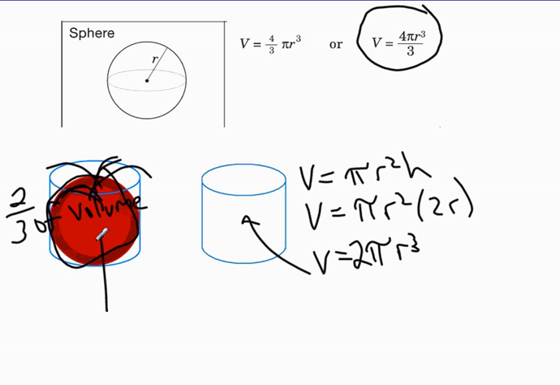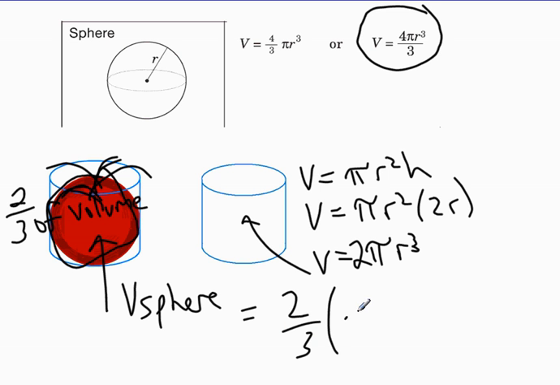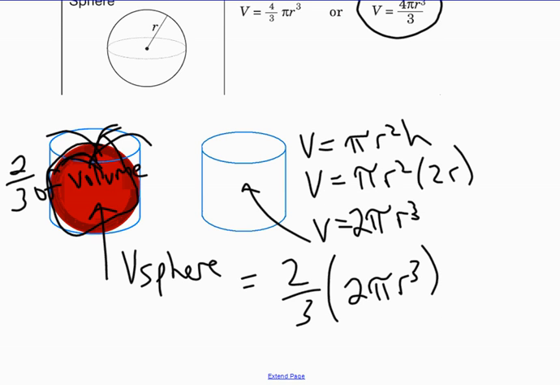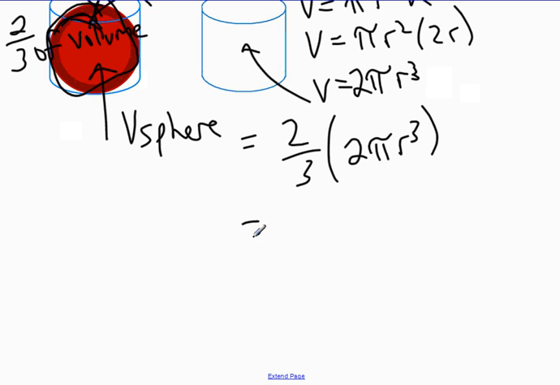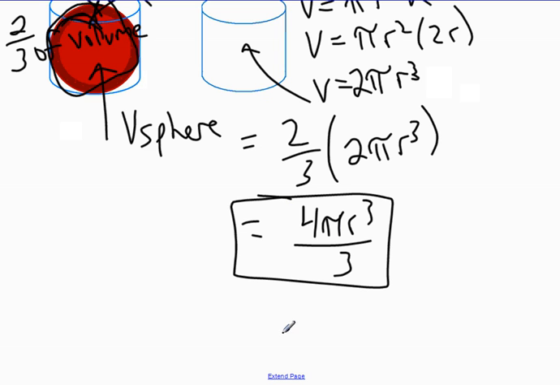So that means that the volume of the sphere is 2/3 the volume of the cylinder. And if I do the math on that, 2/3 of 2 pi r cubed is 4 pi r cubed over 3. That's where the formula for the sphere comes from.